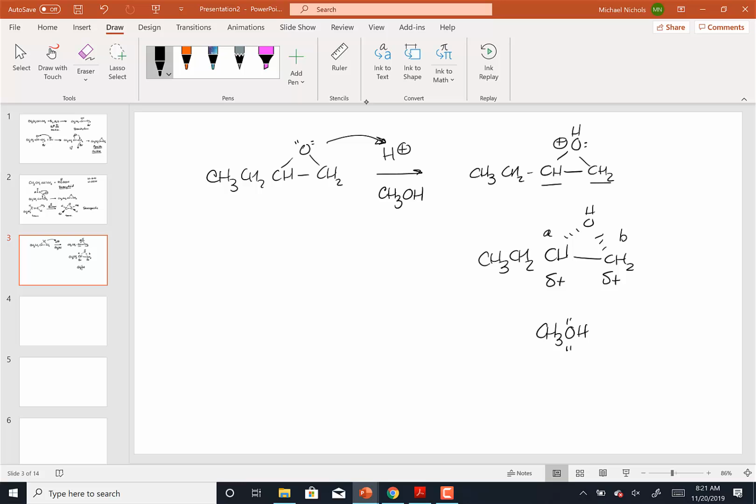On 3. Which one are you attacking, A or B? Do we need to vote? Let's vote. Which carbon are you going to attack as the methanol, A or B?